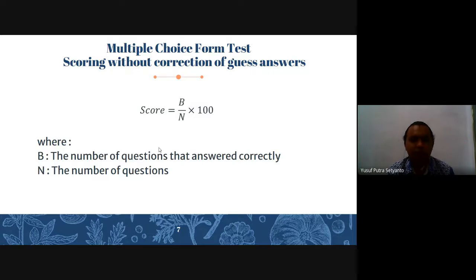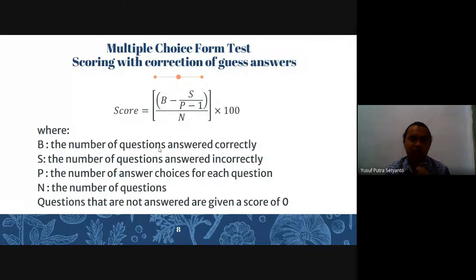So if they do not know which answer is the most appropriate, they are free to choose one option arbitrarily, true or false. The answer does not indicate the ability of students. So the more guessed answers, the greater the deviation of the score from the actual mastery of student competencies.